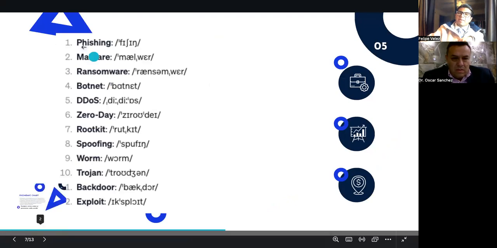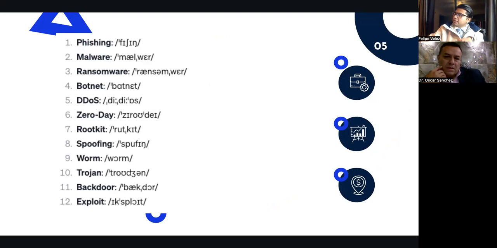Look at it here. It's a PH sound. It's not an F. You see? PH. So we go louder and we say phishing. Phishing. Exactly. Phishing.